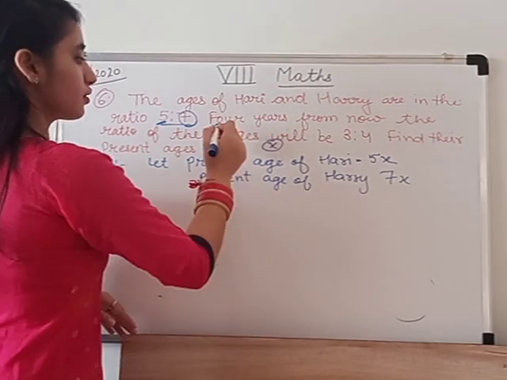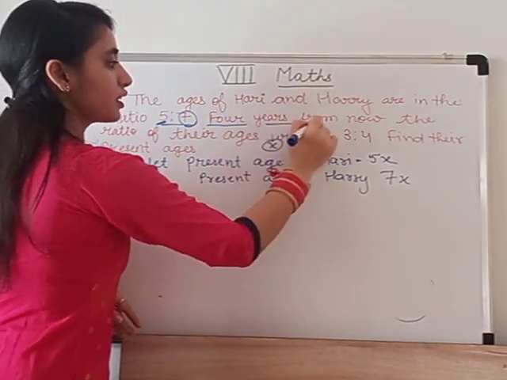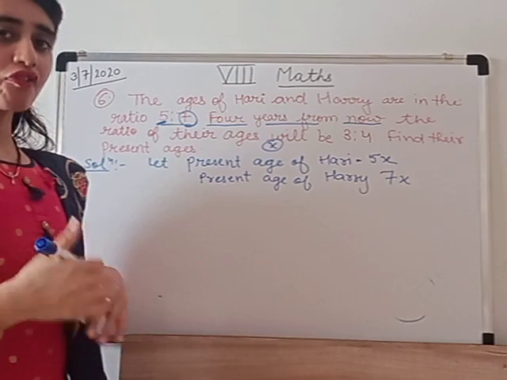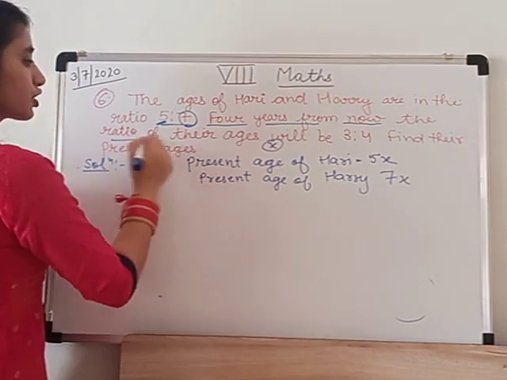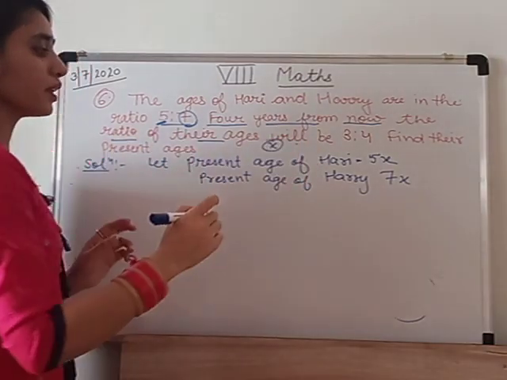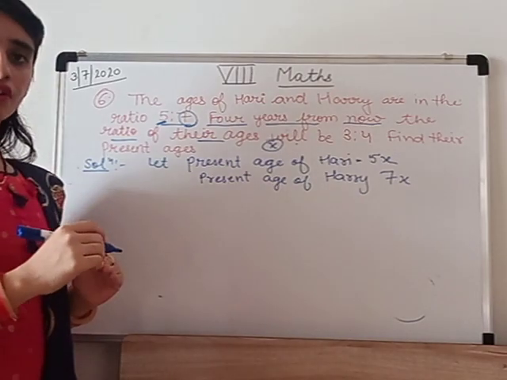Now what's the question? 4 years from now, means after 4 years, the ratio of their ages will be 3/4.